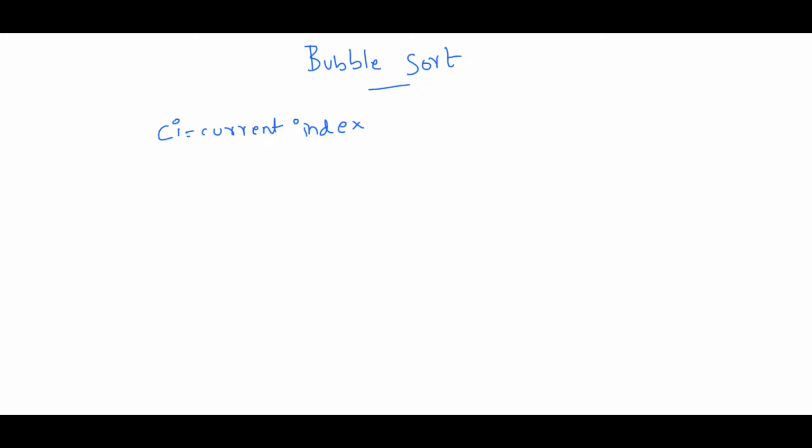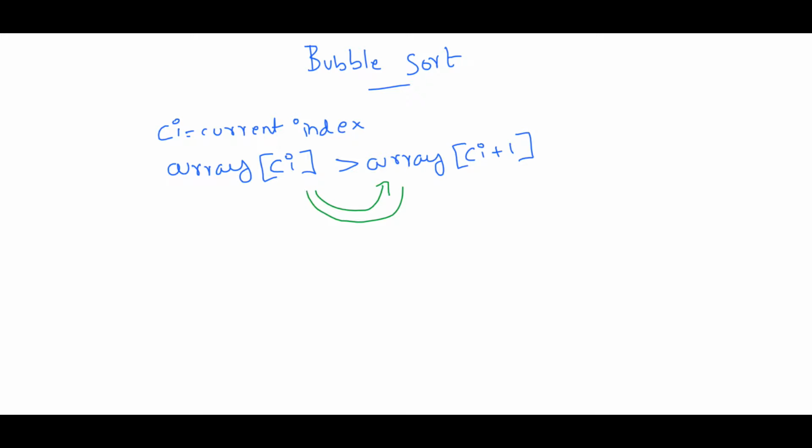So let's say we're going to use current index of CI, and let's say our array of data elements has a value at current index, and if it happens to be greater than array of current index plus 1, then we're going to swap the values.